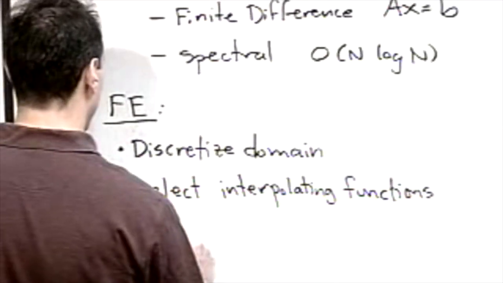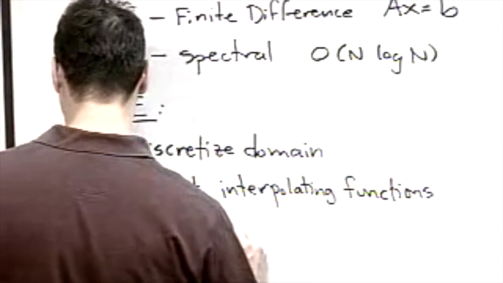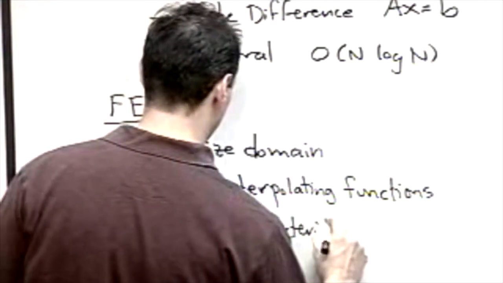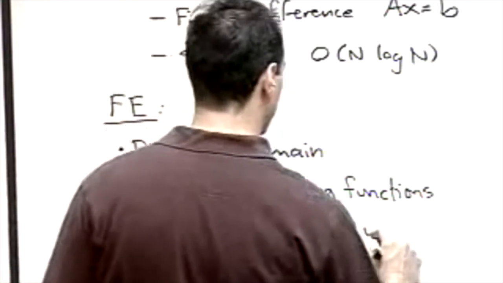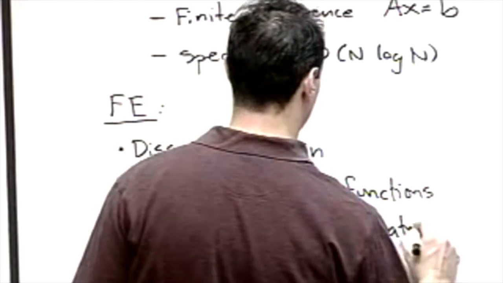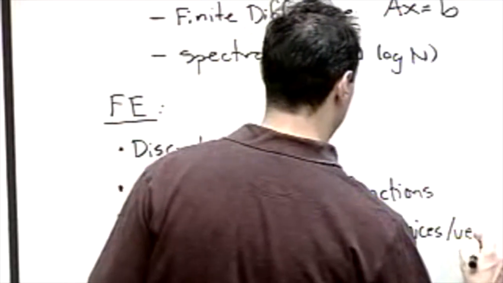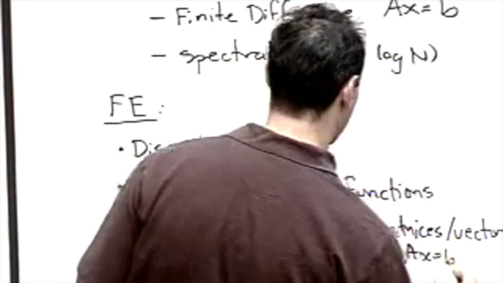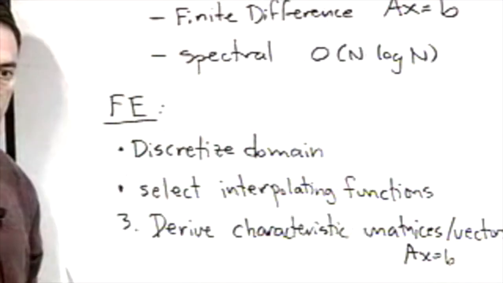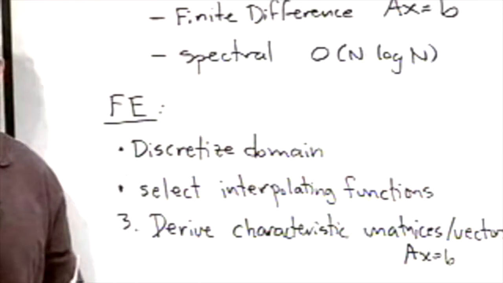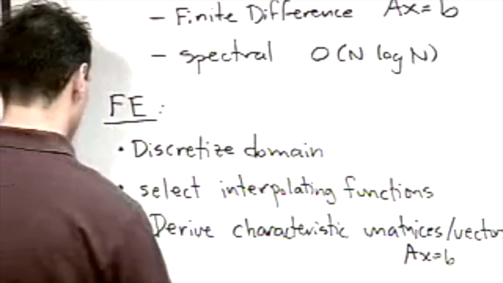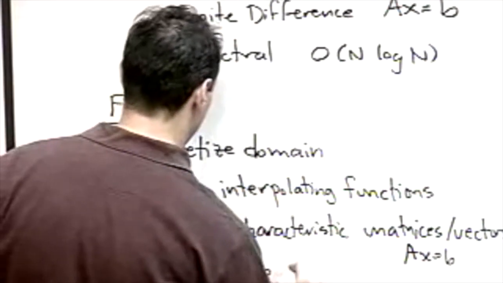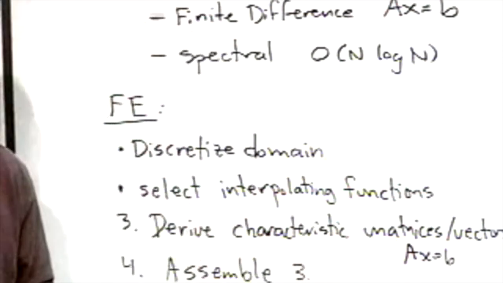So then you derive what are called the characteristic matrices and vectors. In other words, your AX equal to B. So you derive what these components should be, and then you assemble them.